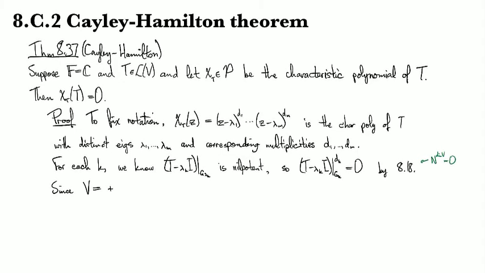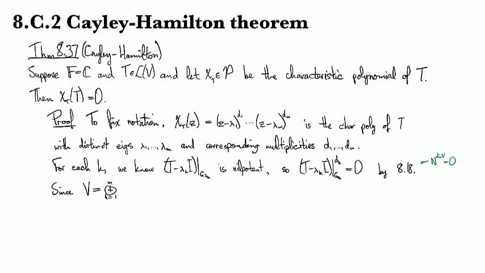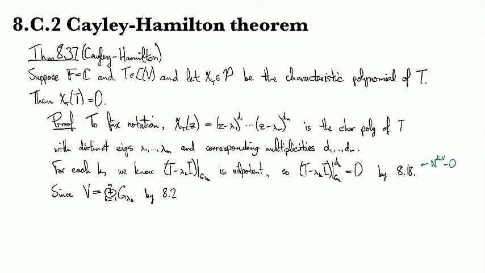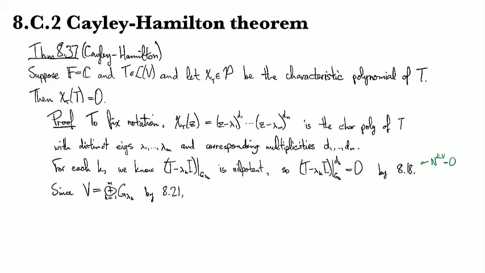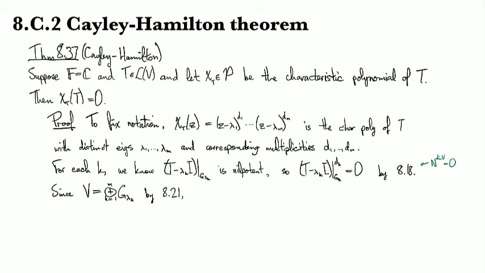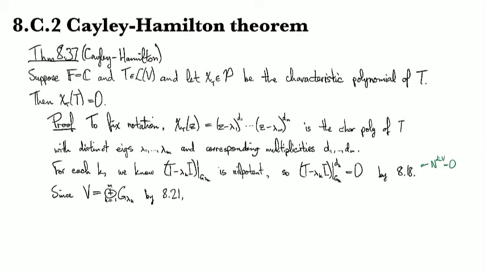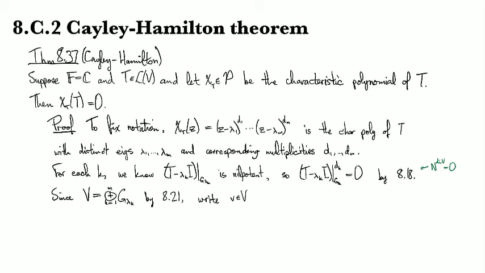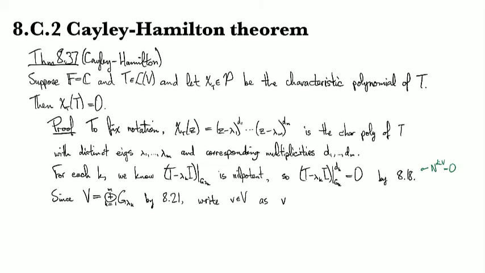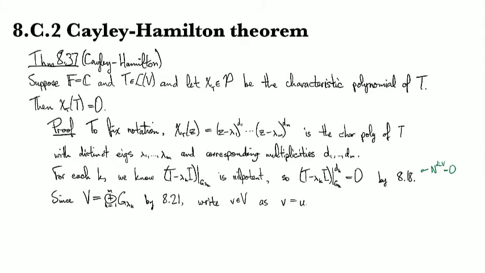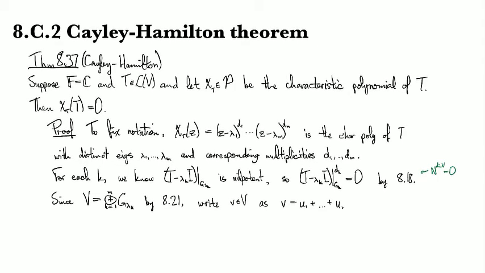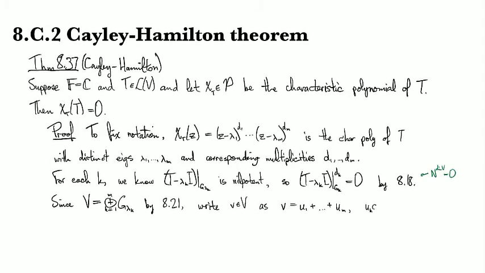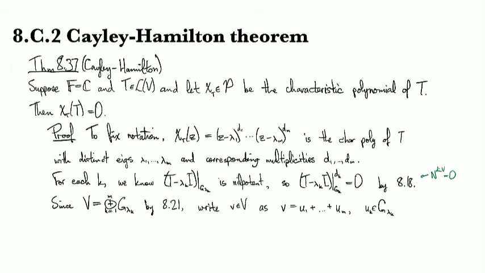Okay, so now, since V is the direct sum of all of these generalized eigenspaces, we can construct these operators on each of those G(λk)'s and then string them back together. So in other words, we can write a general element in V in terms of this decomposition in generalized eigenspaces. So we'll have u1 up through um with uk in G(λk).